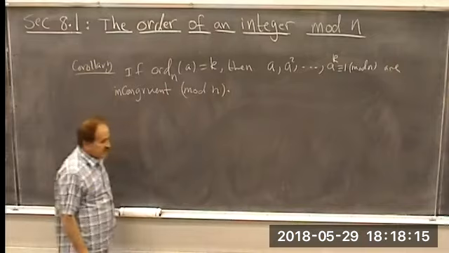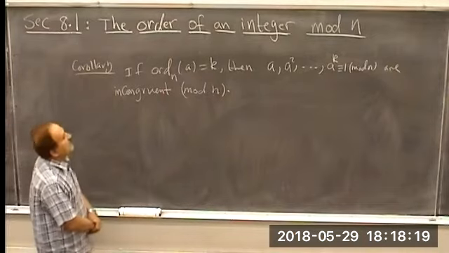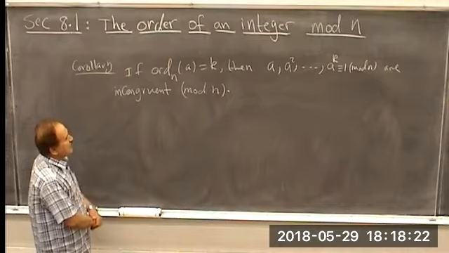Or another way of saying this, we call them incongruent in pairs. None of them congruent to any of the others.